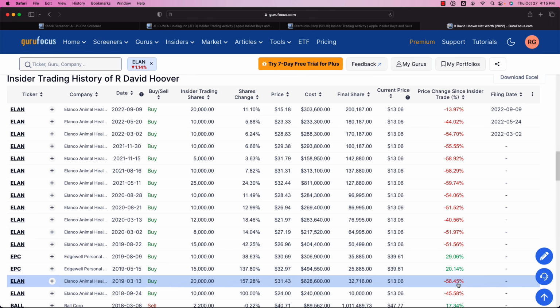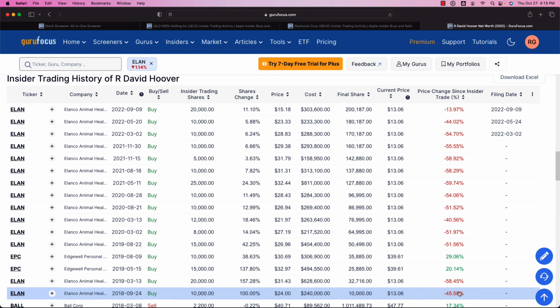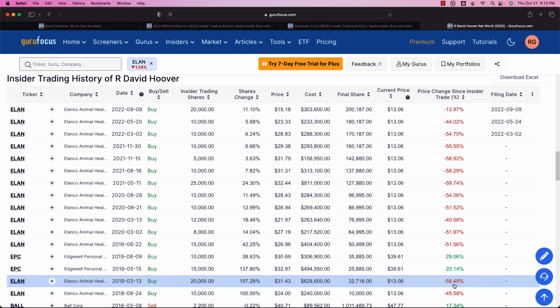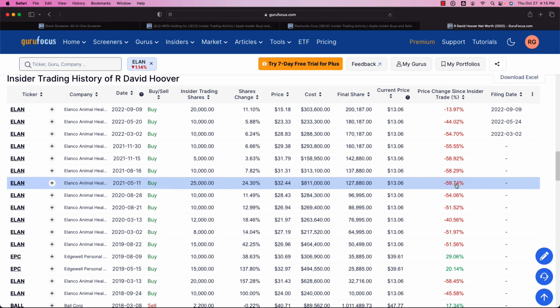But every time he's bought ELAN, he's lost money on it. He's been buying this thing back here in 2019, 2020, 21, and he's down 40, 50, almost 60% on a lot of these buys. Now, it doesn't necessarily mean this guy's trying to lose money, but it shows me that he does not have a great track record of timing his buys.